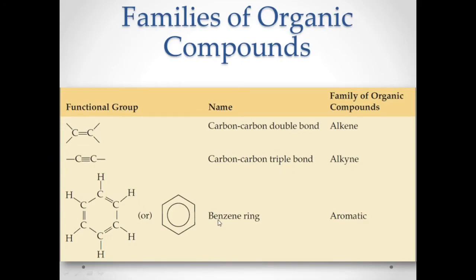If it contains a benzene ring, this is what I meant by a circle in the middle, and we can also write it as alternating double, single, double, single, double, single, then it is an aromatic. Okay, so if a compound contains a functional group of a benzene ring, then it is an aromatic compound.